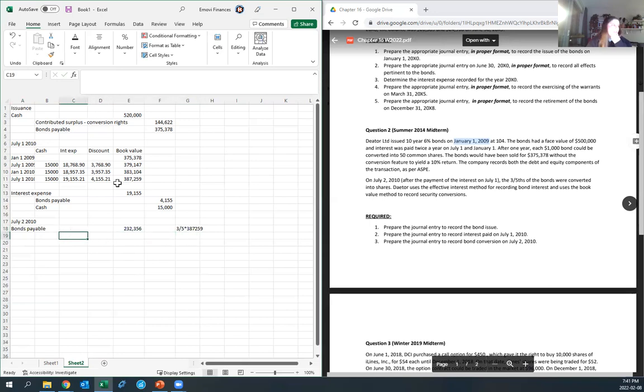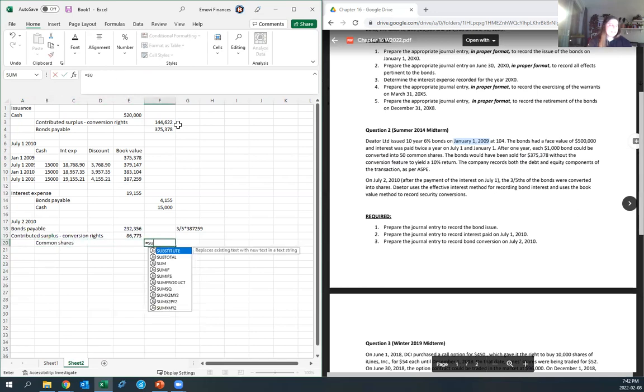You're gonna remove 3/5 of your contributed surplus at issuance. And the common shares that were issued, the value is the same as your debits. And that's it for the conversion of bonds.